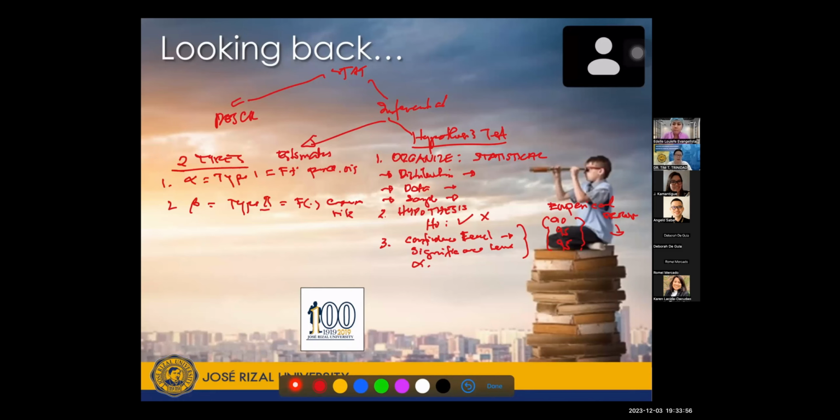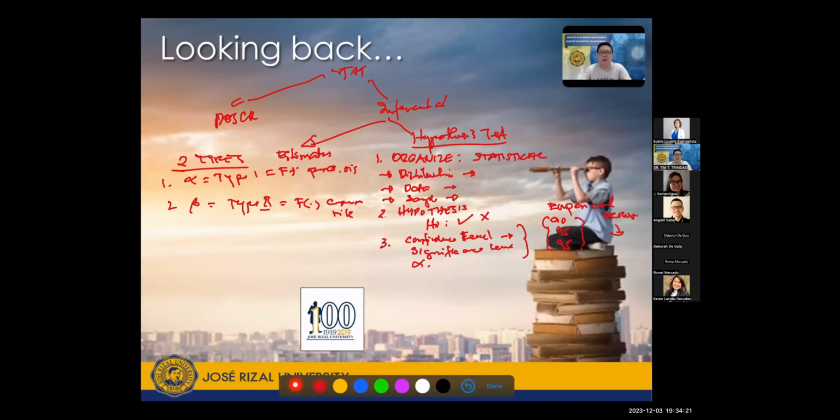Parang ganon. Okay, yes, but that will be type 2 error. Type 2 error because you believe that okay yung gamot mo, okay? When in fact, meron nang nararamdaman hindi maganda yung pasyente mo. Okay. So the type 1 error is the other way around.